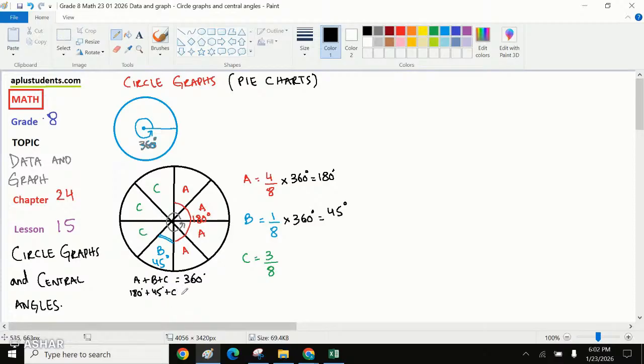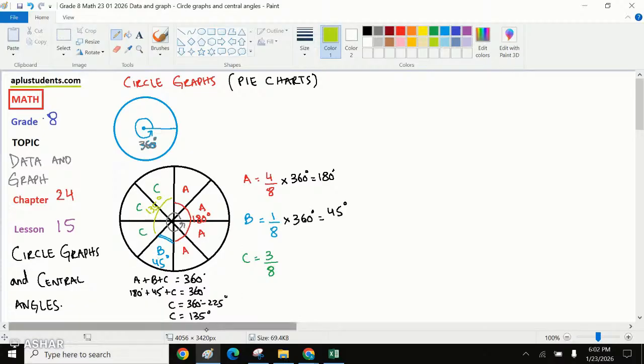We need to find the angle for C, that is 360, right? So we can add them together. This becomes 225. 360 minus 225 would be the angle for C, right? So 360 minus 225 comes out to be 135. Agreed? We can say that this angle will come out to be 135 degrees.